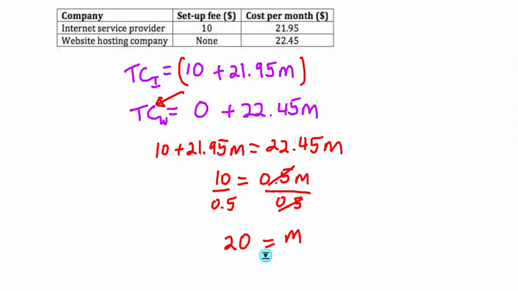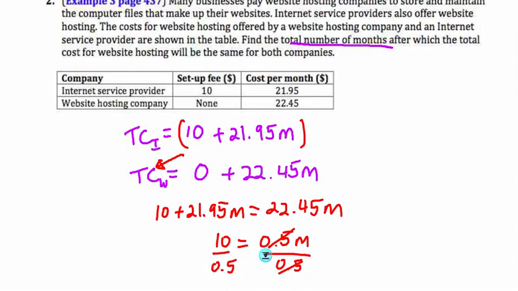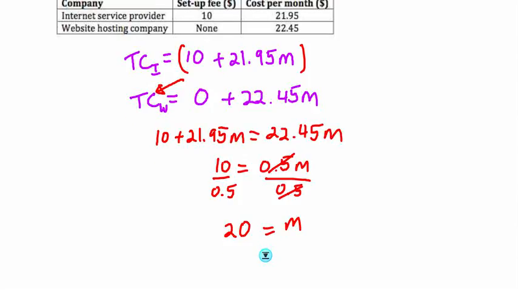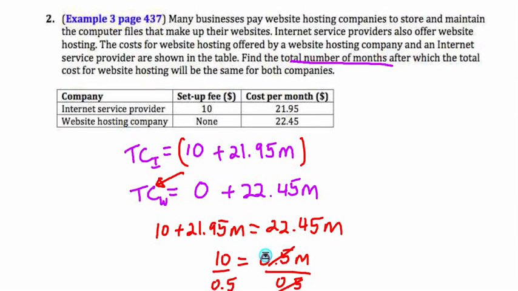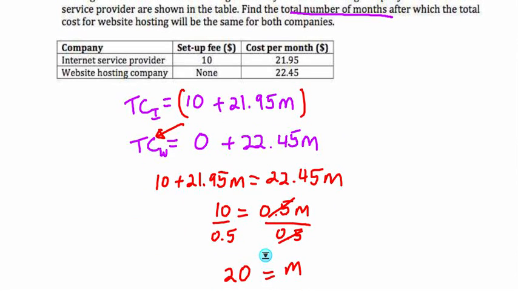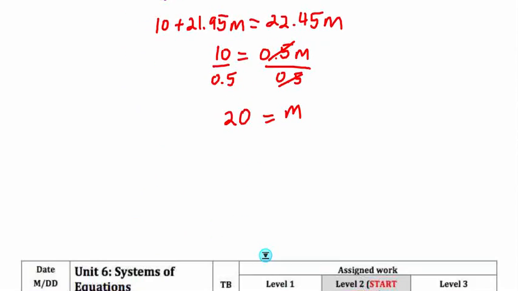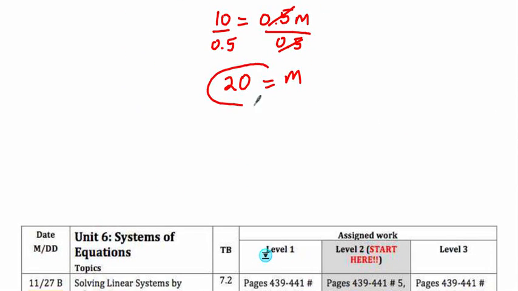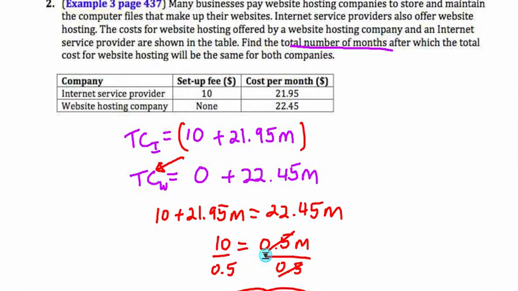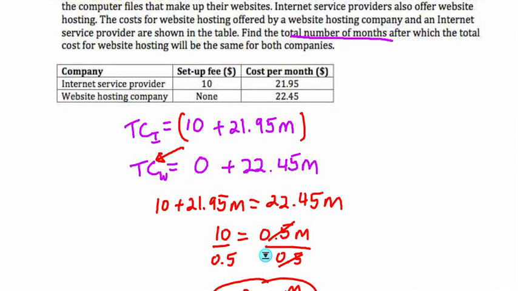If m is 20, ordinarily at this point we would substitute back in to find our total costs. The question does not actually ask for total cost, it just asks for the number of months. So in this case we don't need a full solution of our system. Our answer is simply after 20 months the cost will be equal, and we don't need to establish what that cost would be.